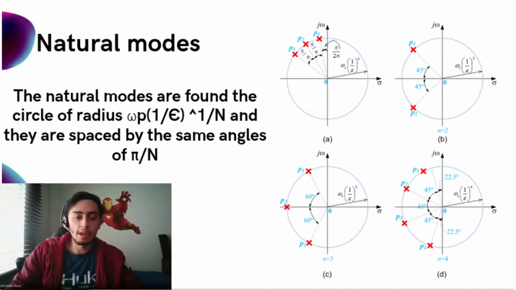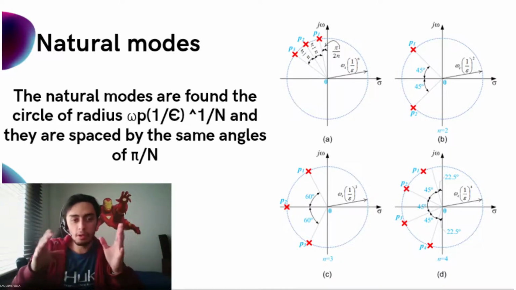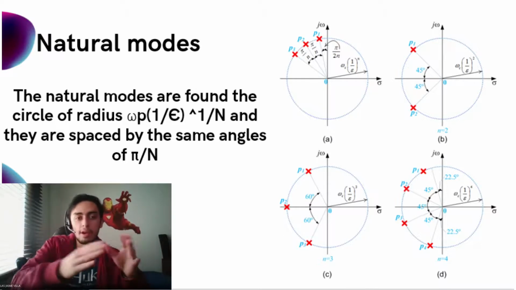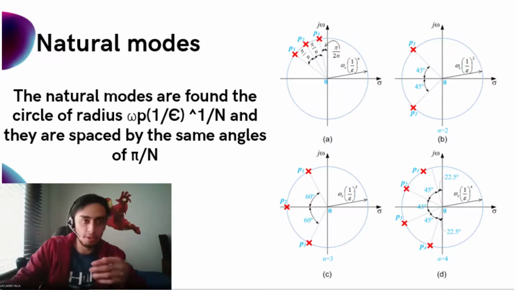We can see in the next four circles that the natural modes are divided like this, and we can find different equations using this type of circles.